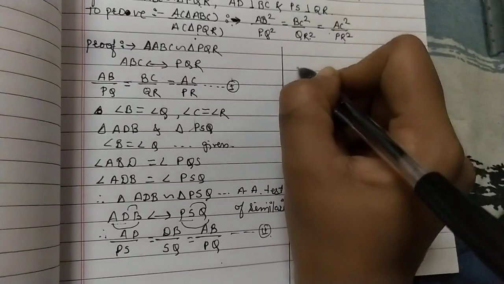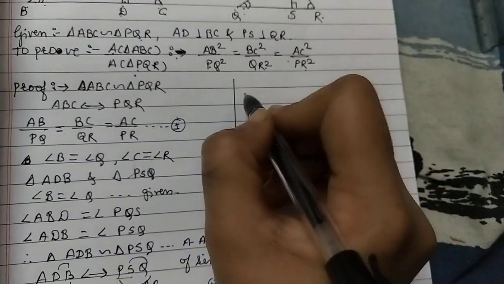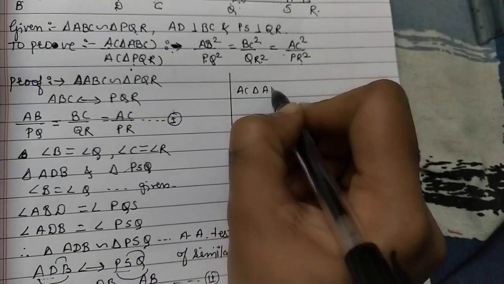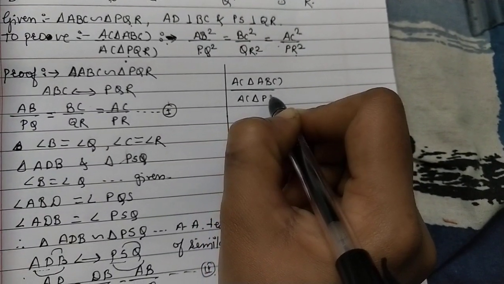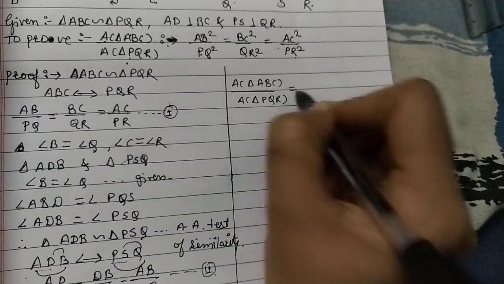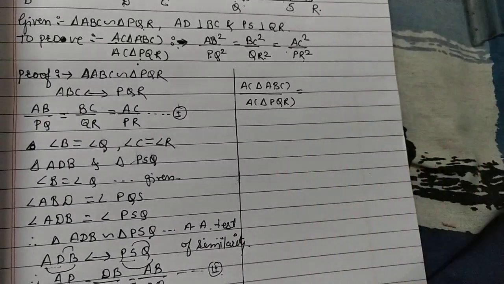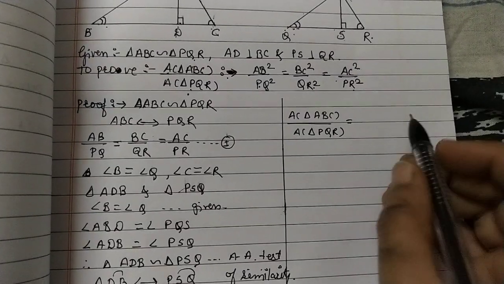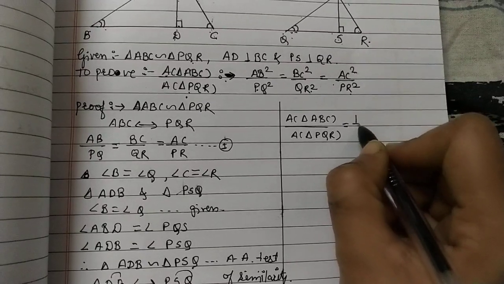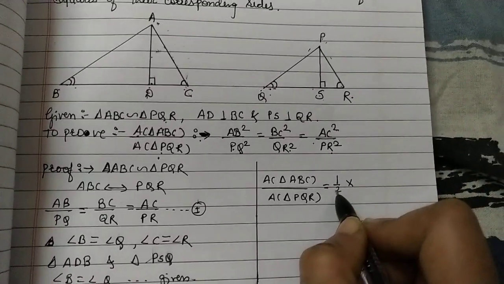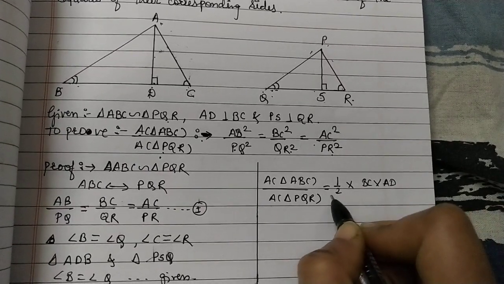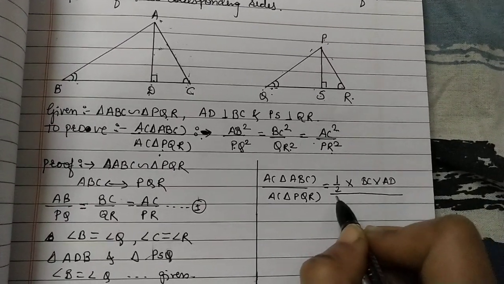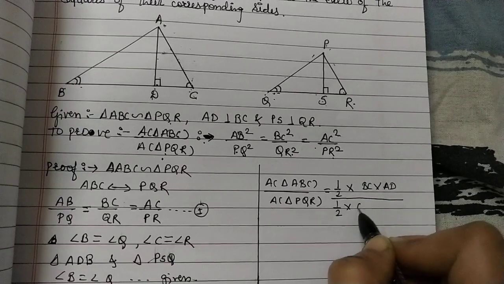Now let's take the areas of these two triangles. So area of triangle ABC upon area of triangle PQR. What will it be? Half into base into height. Half into what is the base? BC, into height AD, upon half into what is the base?